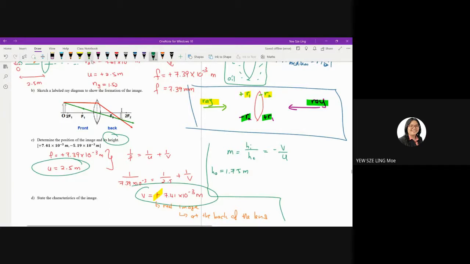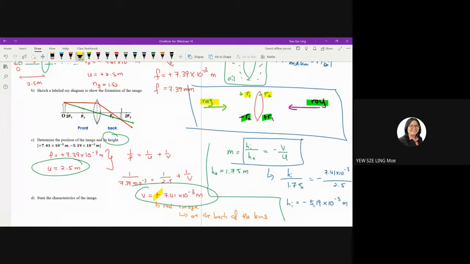So we use this part of the equation: hi is unknown over ho, 1.75, equals negative 7.41 times 10 to the power of negative 3 over 2.5. Rearranging, hi is then equal to negative 5.19 times 10 to the power of negative 3 meter.